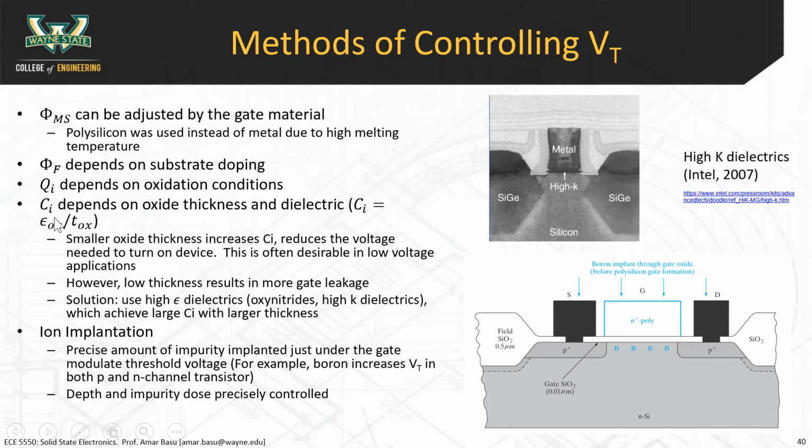The next one is Ci. Now, Ci is the oxide capacitance. This is an important term because this is something that is typically controlled to a great degree in semiconductor fabrication. So Ci is equal to epsilon oxide divided by the thickness of the oxide. We saw that a few slides earlier. So if we think about a parallel plate capacitor, what are these terms? A typical parallel plate capacitor, you have a metal, then dielectric, then another metal, right? It's a dielectric sandwiched between two metals.